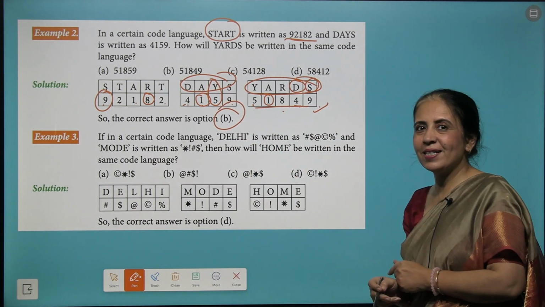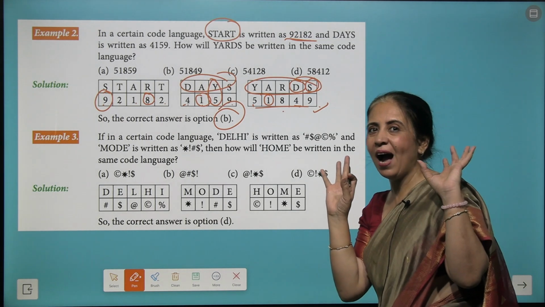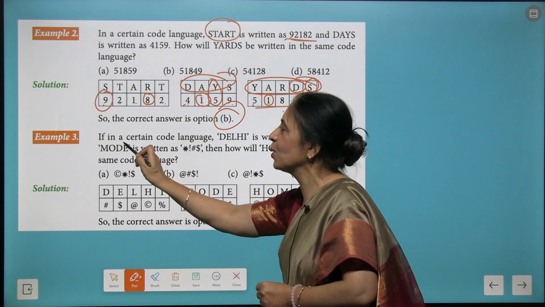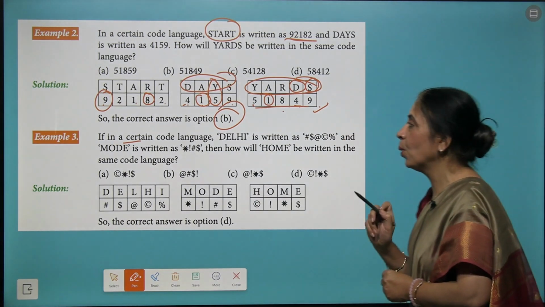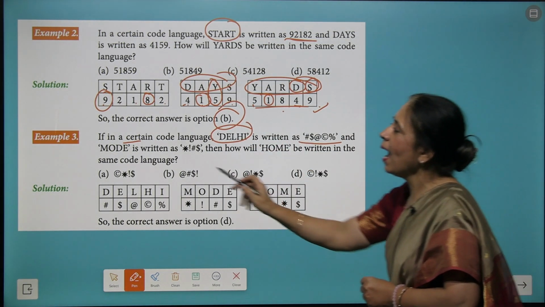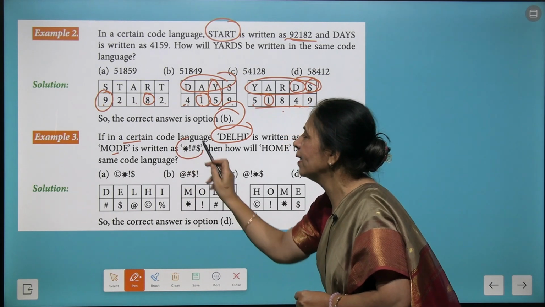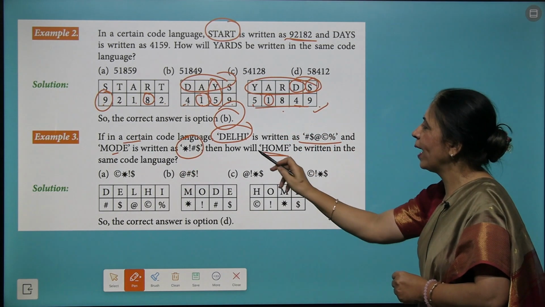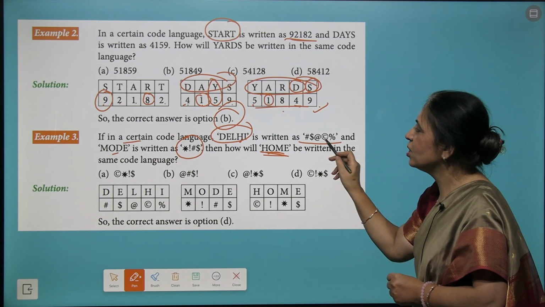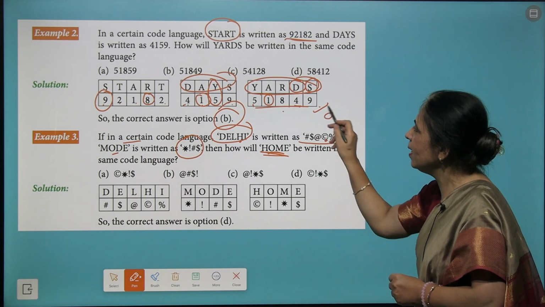Take another interesting one. I could see the spark in your eyes. I hope you are enjoying it. Coming to the next question, in a certain code language, Delhi is written like this and mode is written like this. You have to write home now. We go to H here and H is written like C, right?